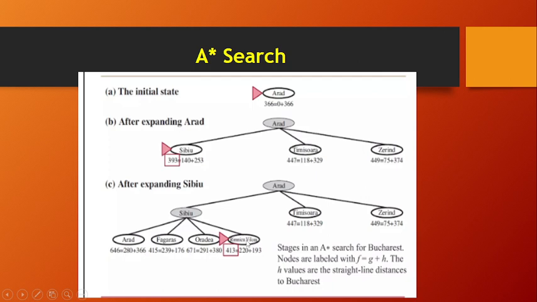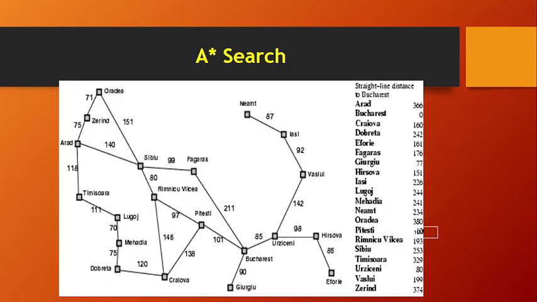For Rimnicu Vilcea we see its path cost: from Arad to Sibiu the distance is 140, and Sibiu to Rimnicu Vilcea is 80. Therefore this is 220. Next, see its heuristic function value, Rimnicu Vilcea, it is 193.